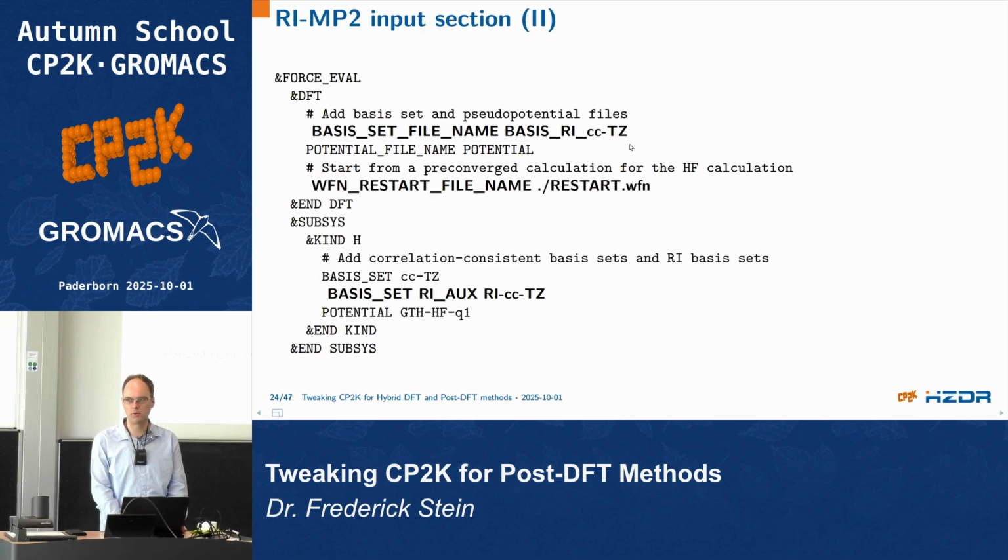There's also a more modern one, which gives you suitable basis sets for the whole periodic table, not only for the elements relevant for organic or biochemistry. Of course, you should start from a pre-converged calculation, as with Hartree-Fock. Then finally, you need to specify some auxiliary basis set. In case of the basis RI-cc-TZ, there are also suitable pre-optimized basis sets available in this file.